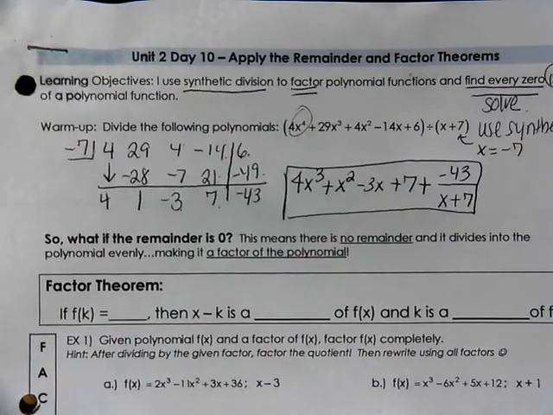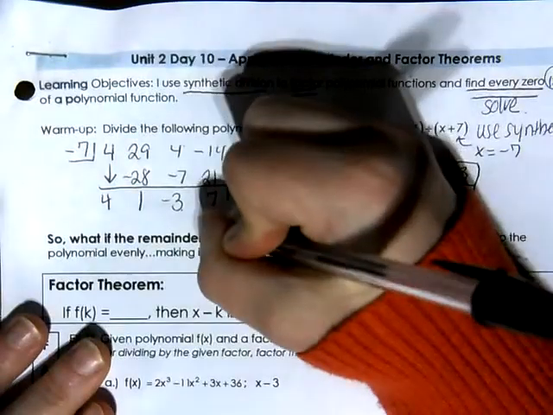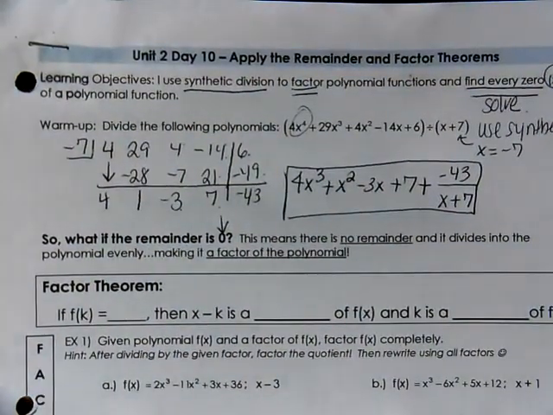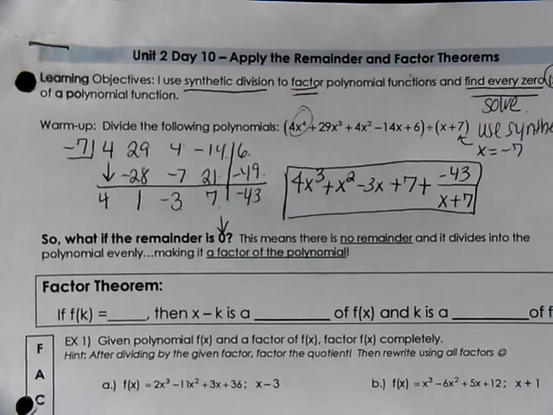So now, what does it mean if the remainder wasn't like -43? What if it was 0? A remainder of 0. Now think about that. When we've divided before and we ended up with a remainder of 0, it ended up being a factor. Like if we divided 40 and 8, we would get 5 with no remainder.